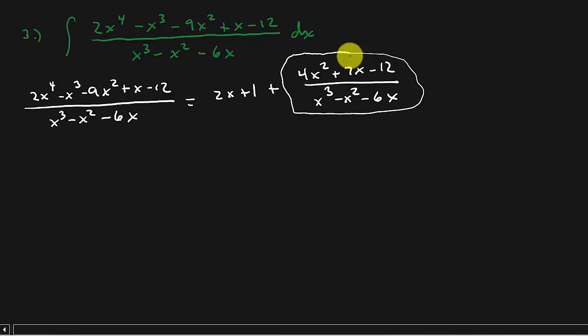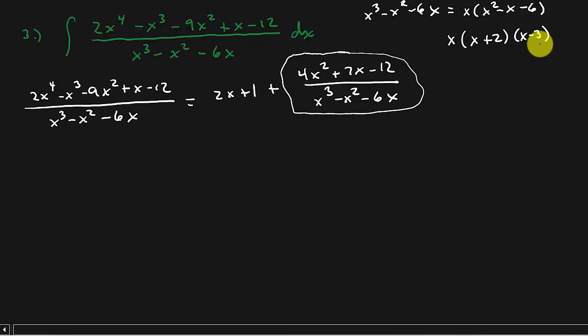If we take the x cubed minus x squared minus 6x and factor it, that's x times x squared minus x minus 6, which is x times x plus 2 times x minus 3. So I've got 4x squared plus 7x minus 12 over x times x plus 2 times x minus 3.